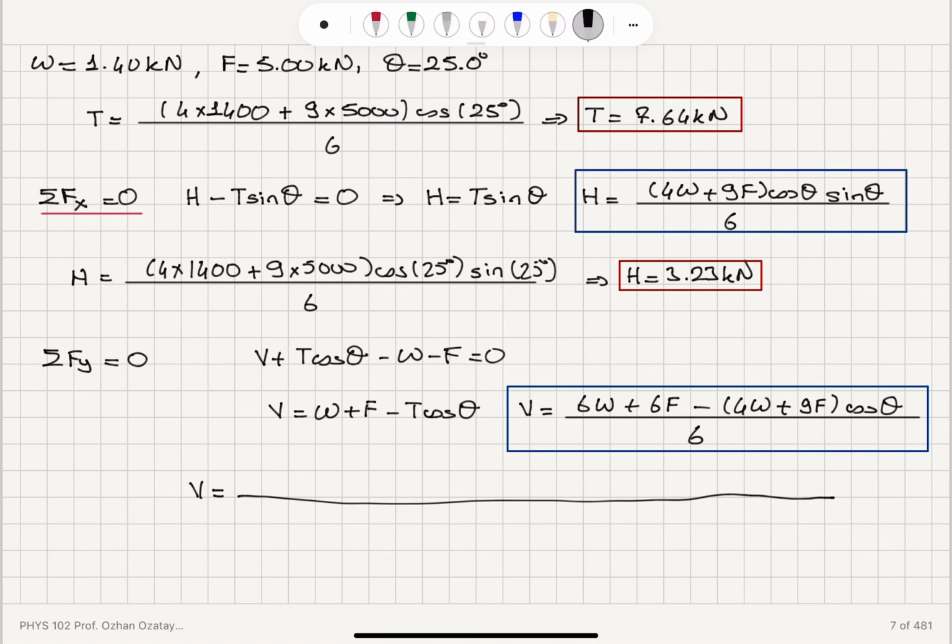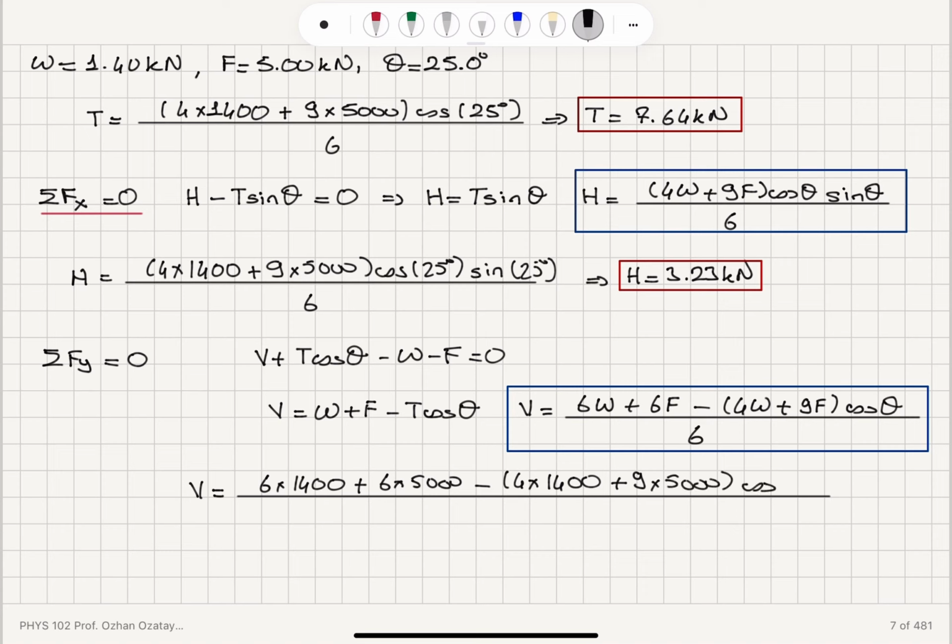It's going to be 6 times 1,400 plus 6 times 5,000 minus 4 times 1,400 plus 9 times 5,000 cosine 25 degrees, divided by 6. This gives me a vertical force of minus 0.53 kilonewtons. So I find that it is actually not pointing up, but it is pointing down.